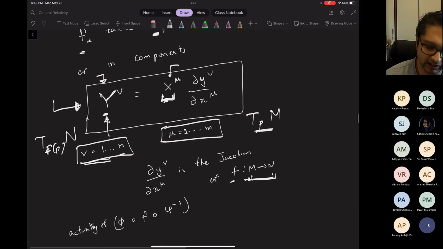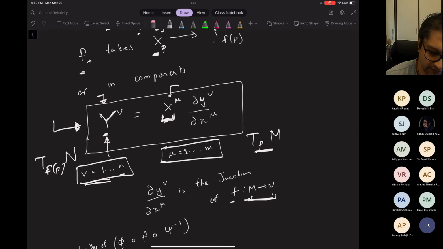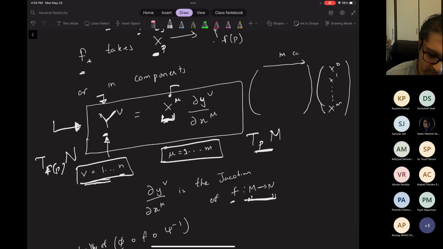So in components, what does this look like? If I write this x mu as x0, x1, dot dot dot, till x small m, I have a non-square matrix in general, with m columns and n rows.